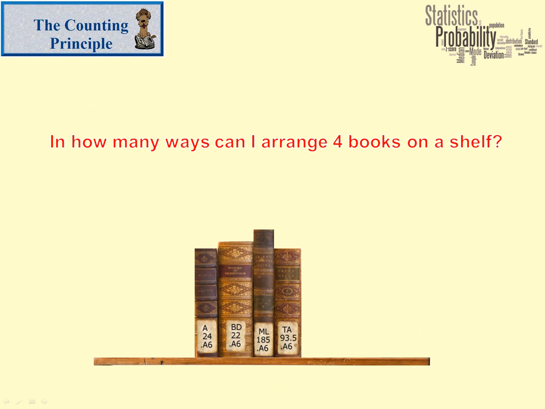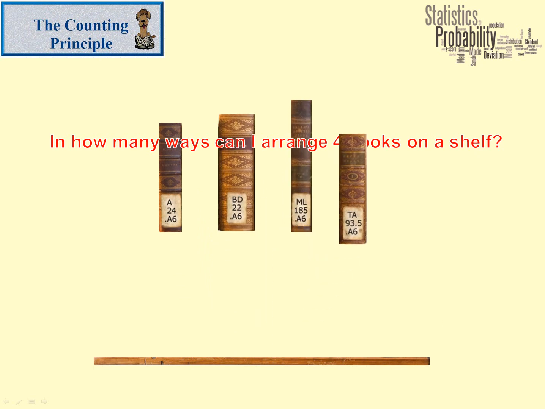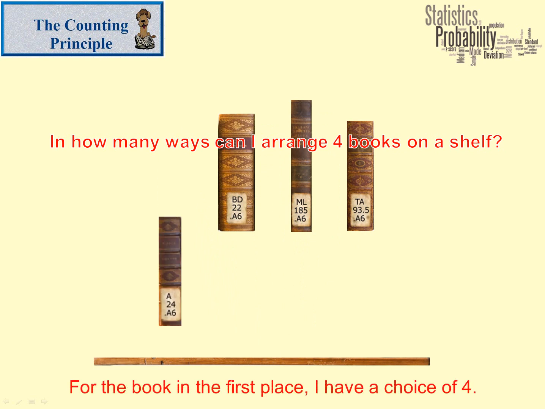So let's have a look. Here's a number of books. We're arranging 4 books on a shelf. And the question is, in how many ways can I arrange those books on the shelf? Well, the first place I have to choose 1 book, from which I have 4 options.